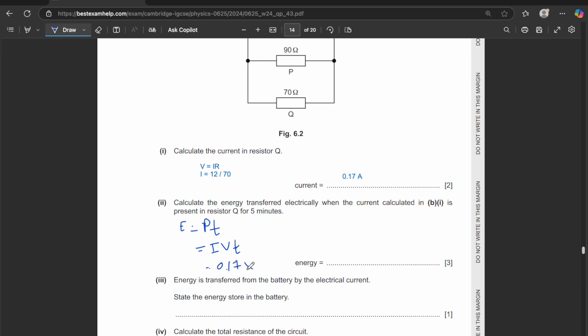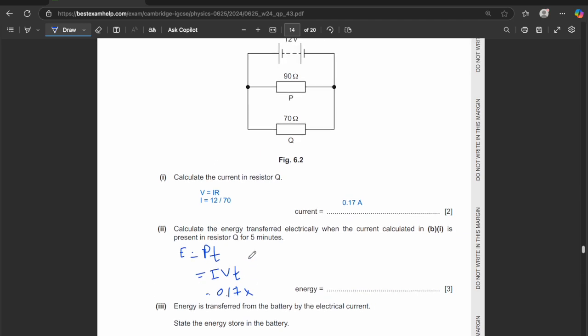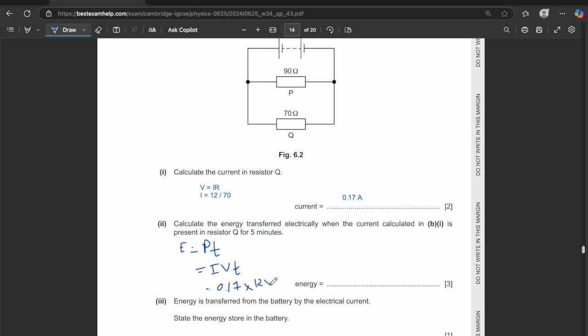Voltage, because it's a parallel connection, you get the full voltage, which is 12. And then time is 5 minutes. So I have to convert that to seconds, because that's the SI unit. So if you calculate that, 0.17 times 12 times 5 times 60, you get 612 joules. So you can round that to 610 joules.